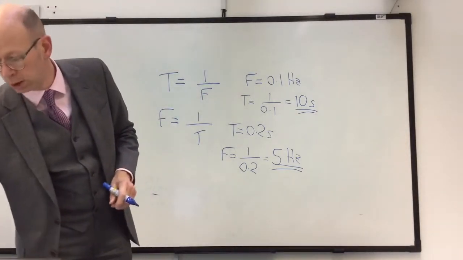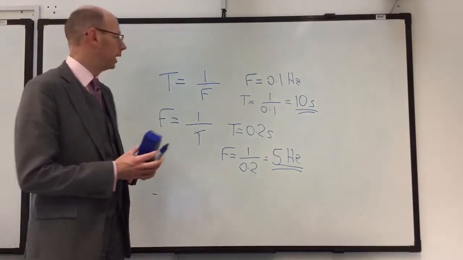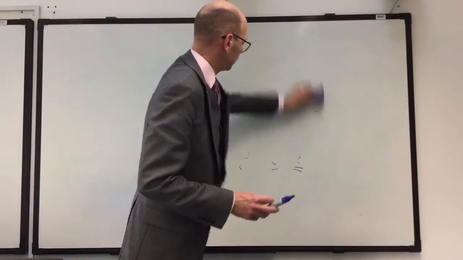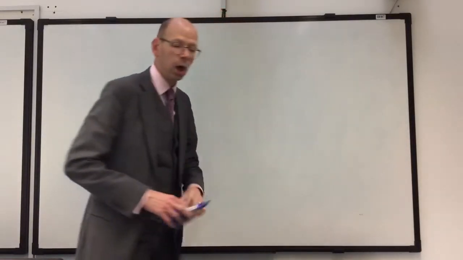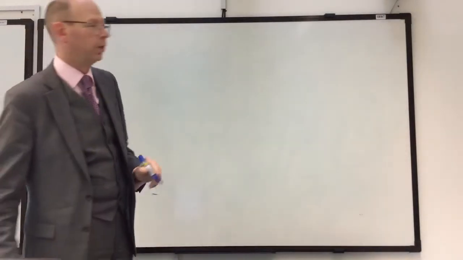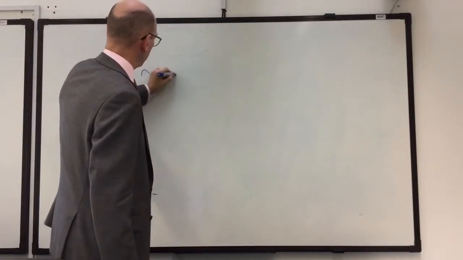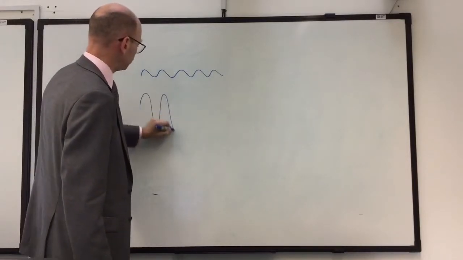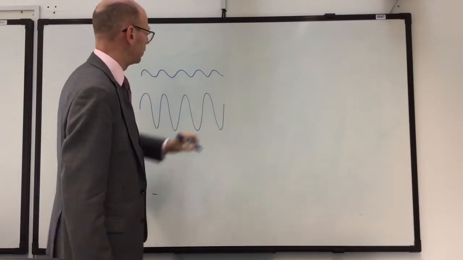One more term that we use when defining waves is amplitude, and the amplitude is a measure of how large the disturbance is in the wave. So if I picked a wave like that, we call that small amplitude. If I picked a wave like this, we'd say that's got larger amplitude.